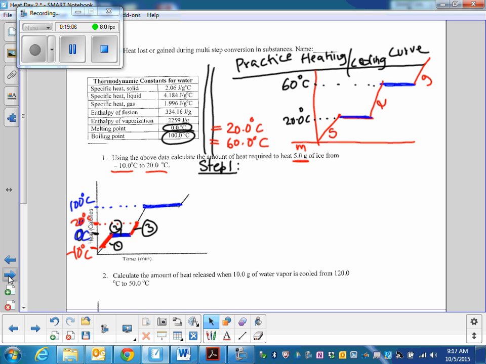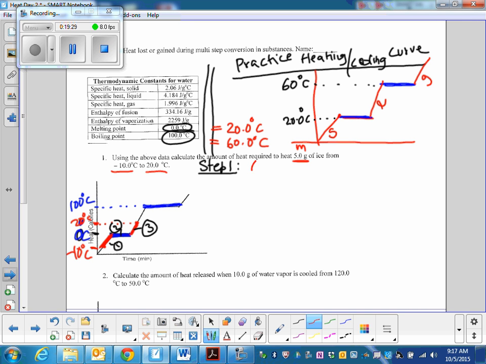We did a whole previous problem. Go to the other page. What equation do we use along slopes? If it's a slope, we use m c delta T, right?